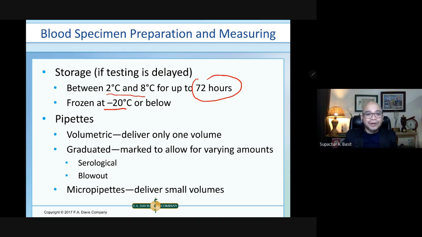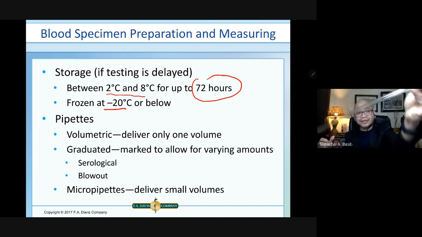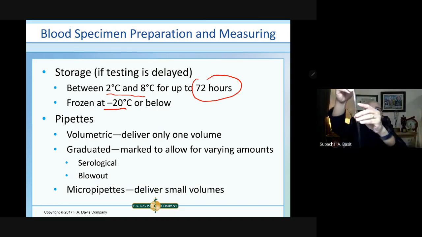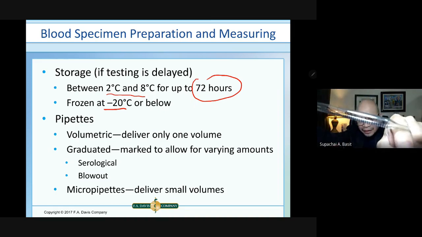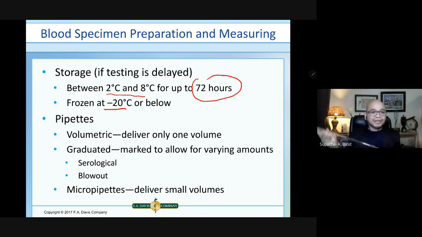Then the graduated pipette has graduations. This is an example of the graduation. It can deliver 0, 1, 2, 3, up to 10 ml because this is the capacity. There are two types, serological and blowout. How would you know if it's blowout?